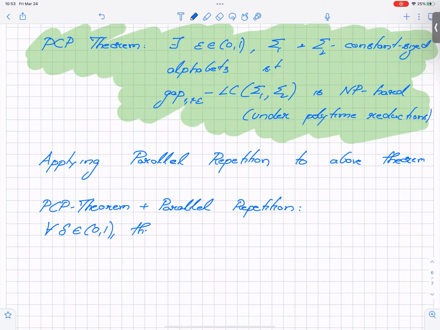There exist alphabets sigma 1 and sigma 2, and furthermore the size of sigma i is going to be, how much will the size of sigma i be? The original complexity was constant.